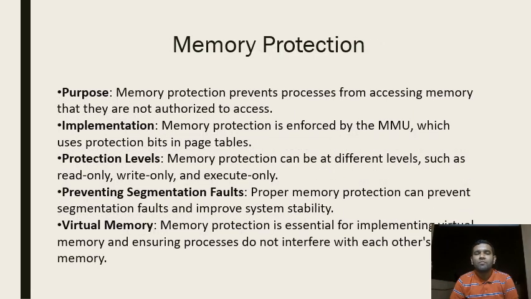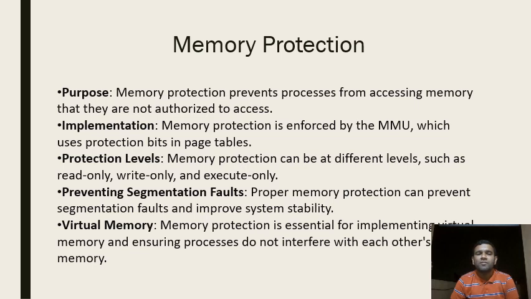Memory protection. The purpose of memory protection is to prevent processes from accessing memory that they are not authorized to access. Implementation: memory protection is enforced by the MMU, which is the Memory Management Unit, which uses protection bits in page tables.